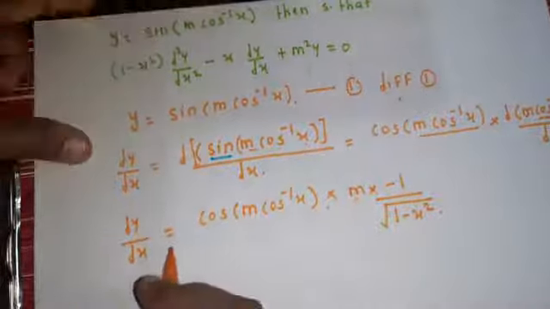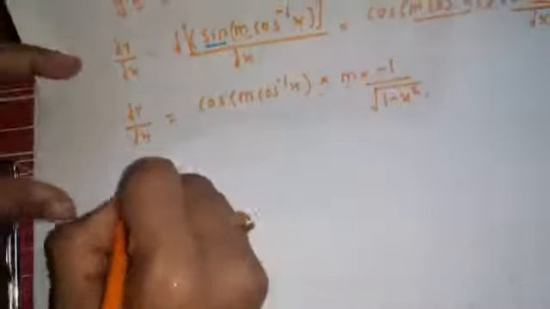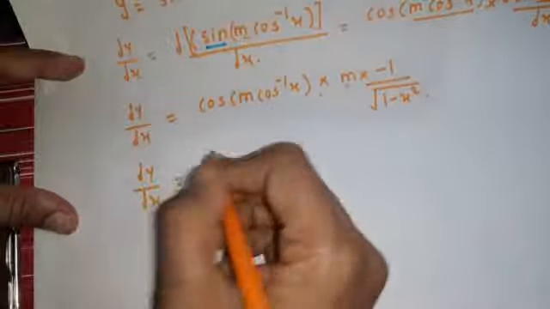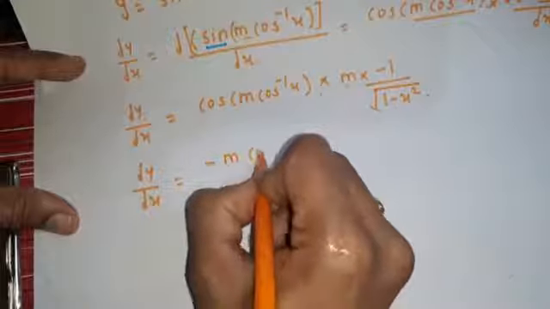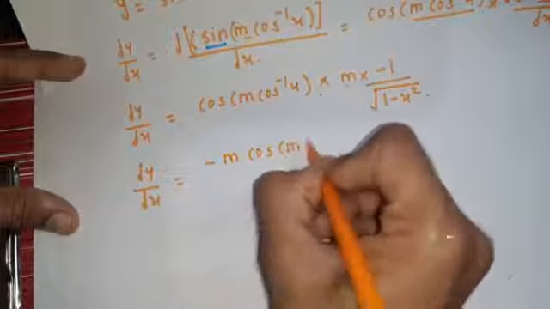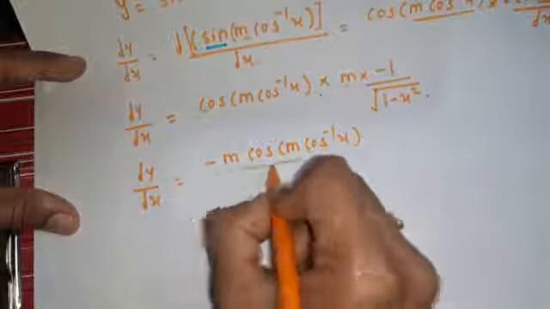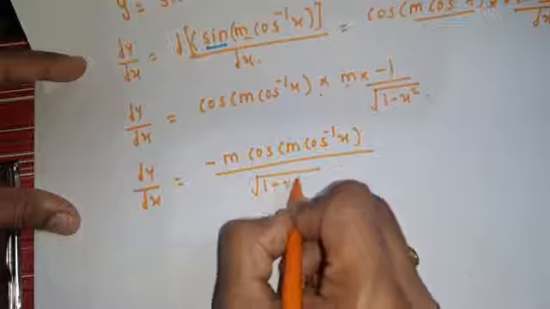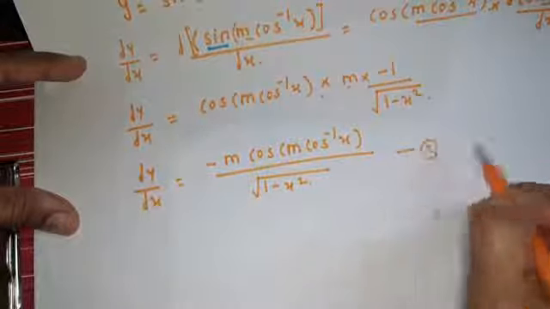Therefore dy by dx equals minus m cos of m cos inverse of x upon square root of 1 minus x square. Students, suppose this is 2.